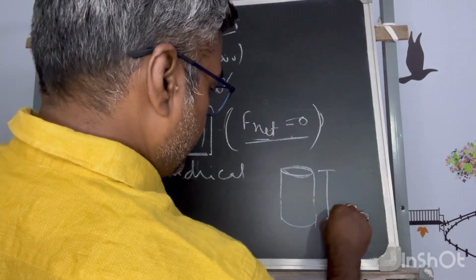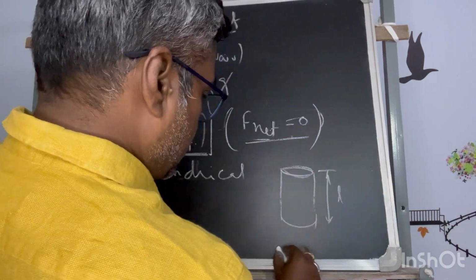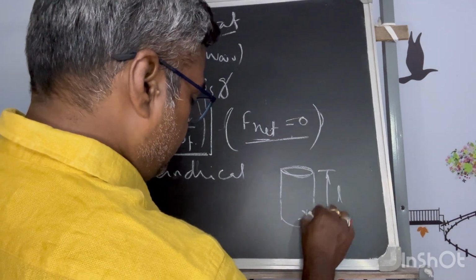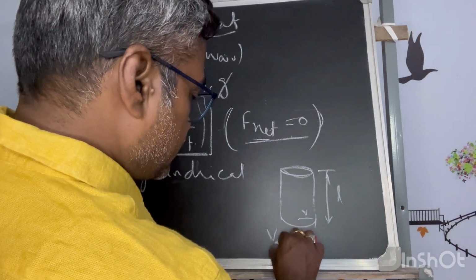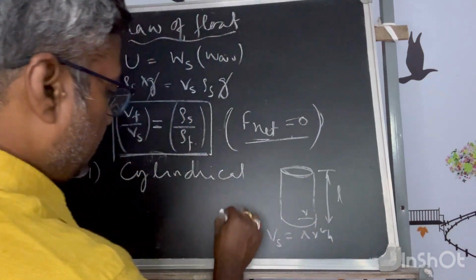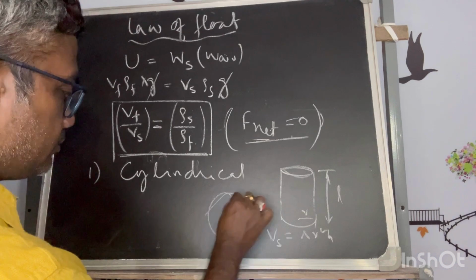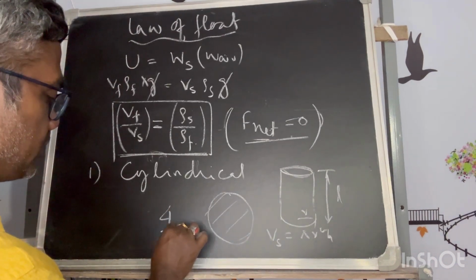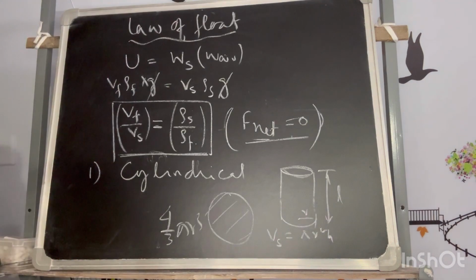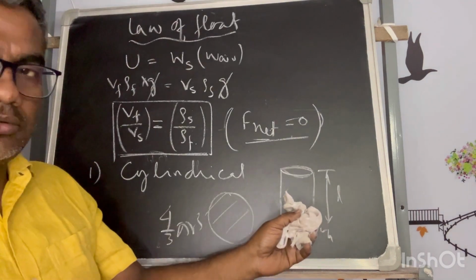If it is the length of the cylinder, and r is the radius, the volume of the solid can be calculated by pi r square into h. If it is spherical, then 4 by 3 pi r cube. For some uniform bodies, you know how to get the volume.